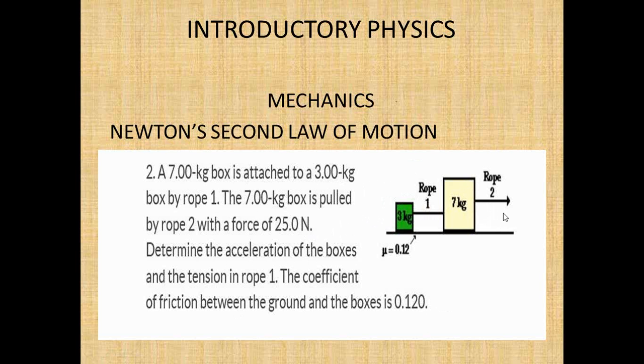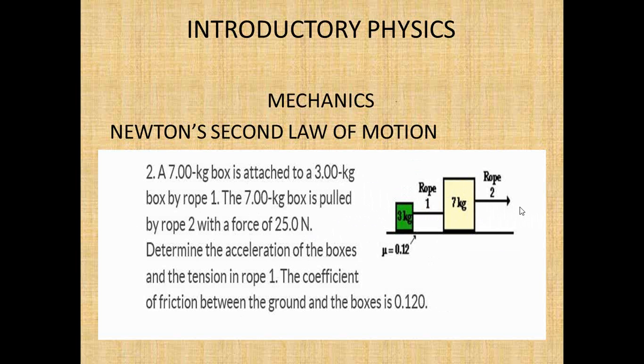So again, if you approach it from a systemic principle, the forward force, the 7 kilogram box is pulled by a force which is 25 newtons, and that force is to the right.